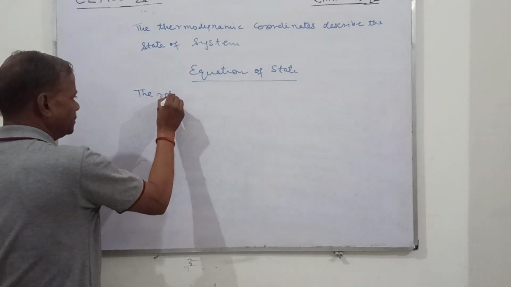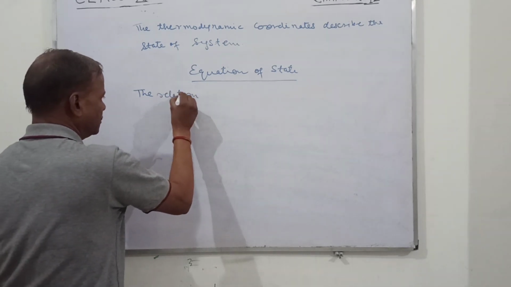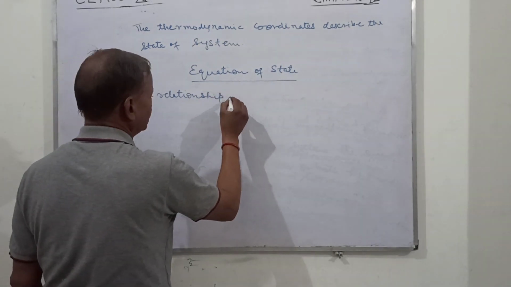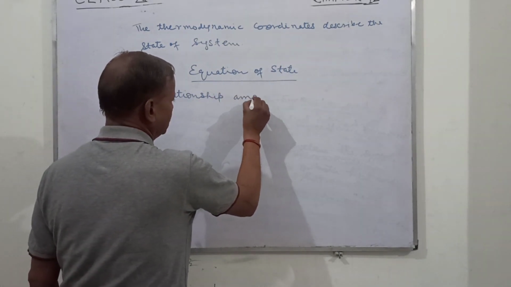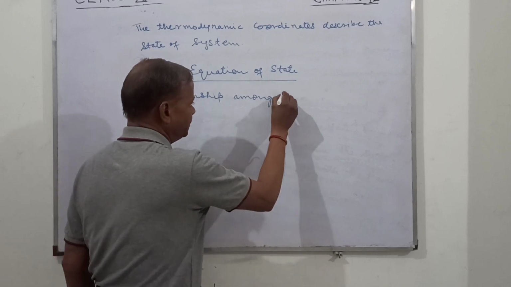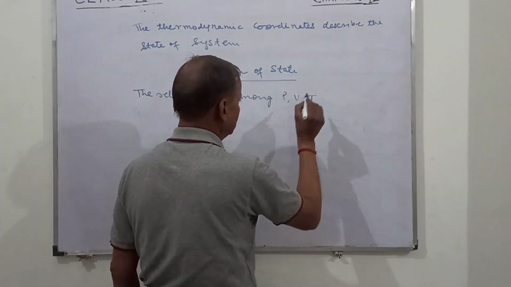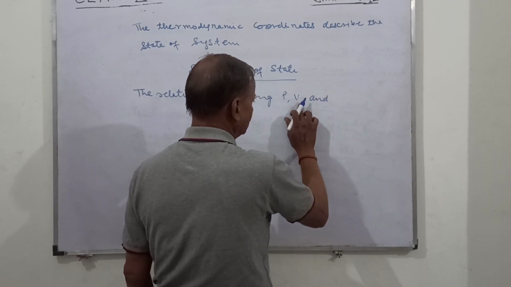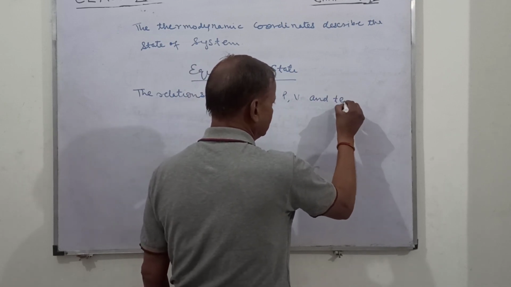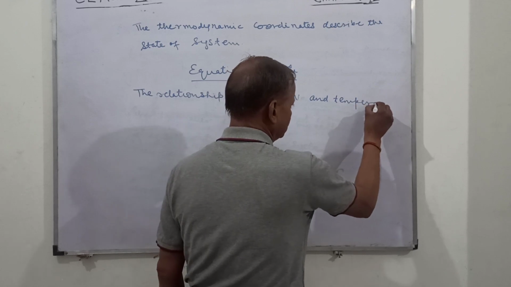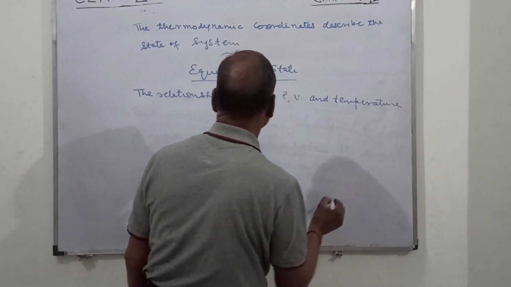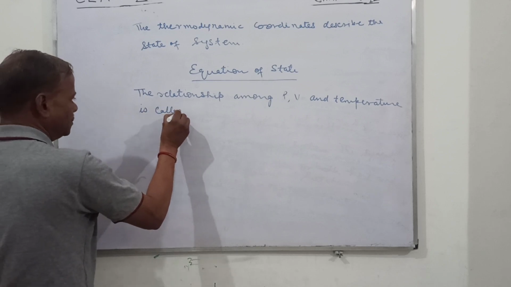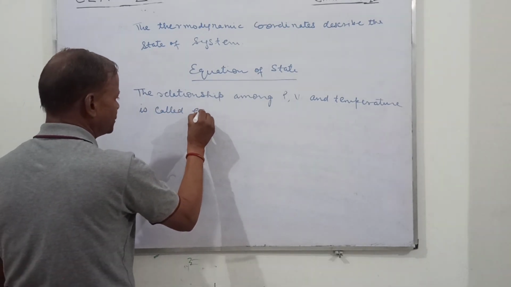The relation among pressure, volume and temperature is called the equation of state.